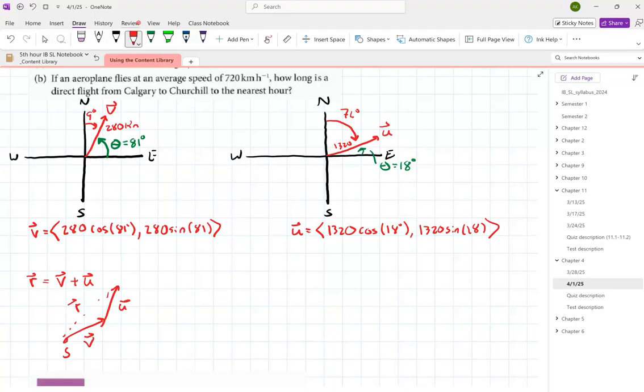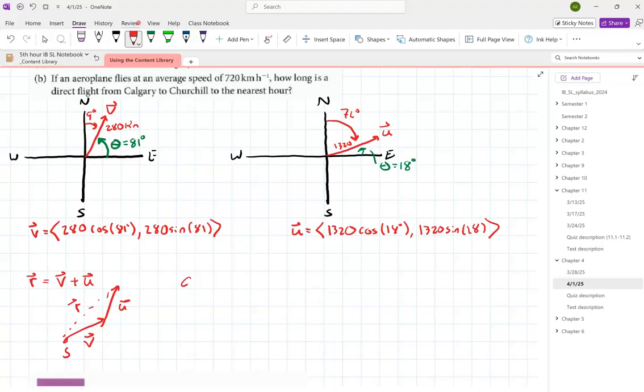So the length of vector r is going to be the length of the journey. And the standard position angle for vector r we can translate into a bearing if we needed to, but this question isn't even asking for that much. Everybody's okay?